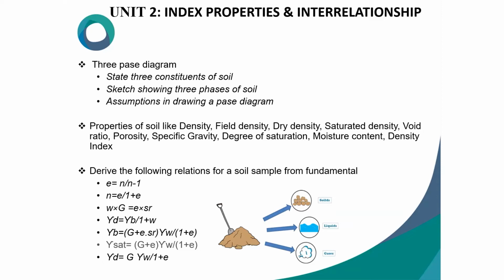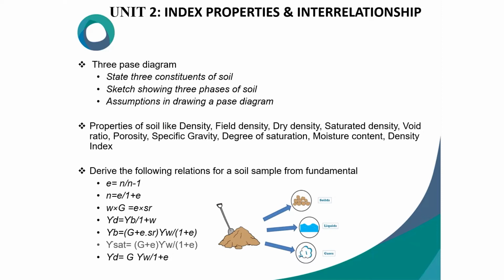With that understanding, we derive the equations for properties like density, field density, dry density, saturated density, void ratio, porosity, specific gravity, degree of saturation, moisture content, density index. So all these empirical relations will be derived.